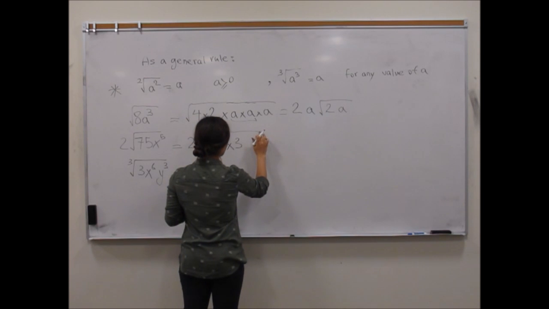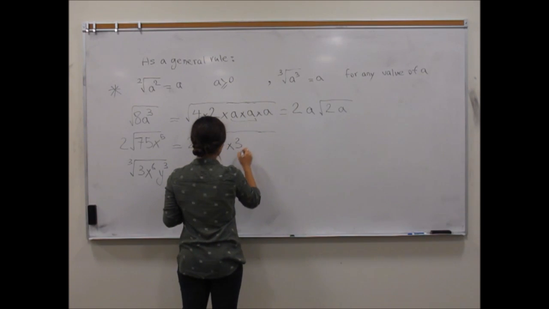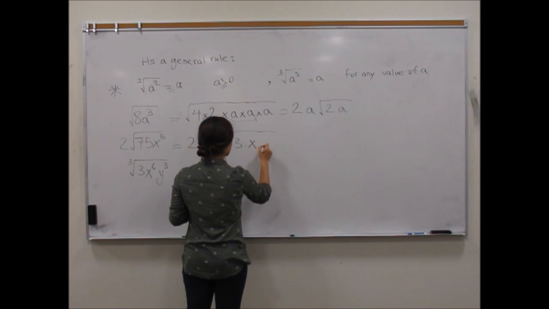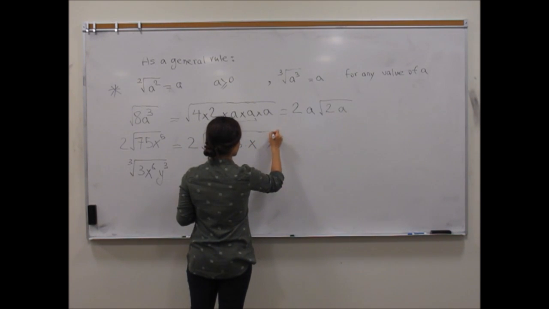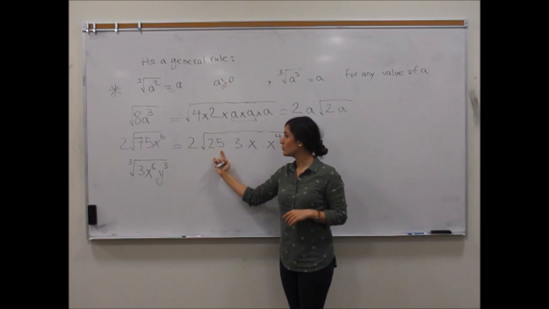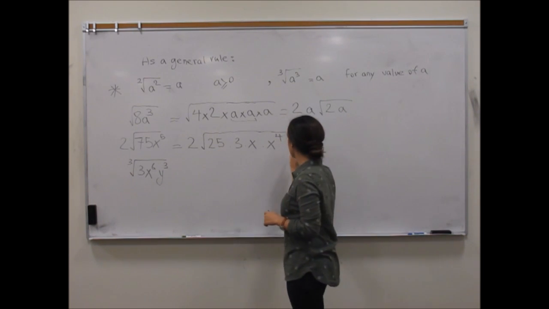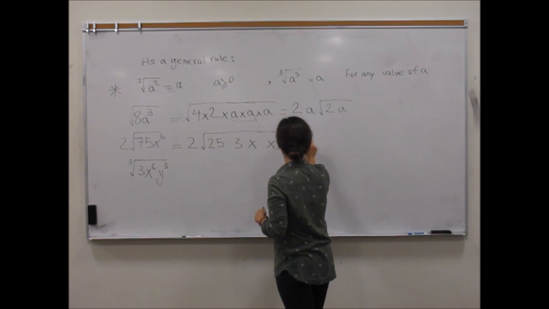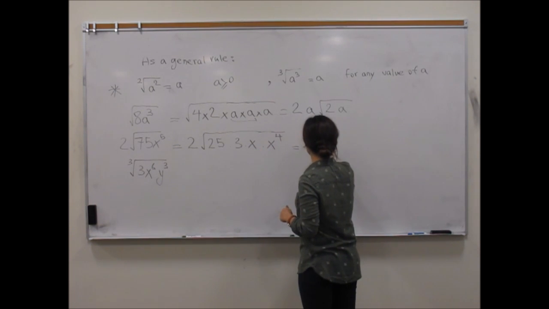And then for x to the 5th, I can write it like this: x times x to the 4th. The square root of 25 is 5, so 5 comes out of the radical, so that would be 2 times 5.